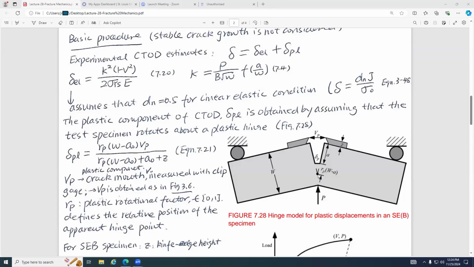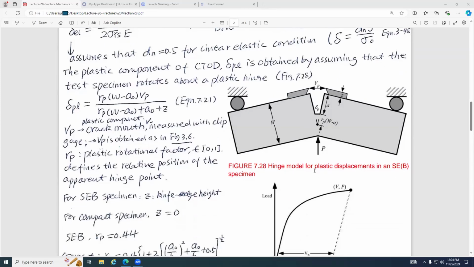It shows, given the geometry of the specimen, how to get the hinge point. This is very interesting, and I wish we had the experimental instrumentation equipment to do these tests.